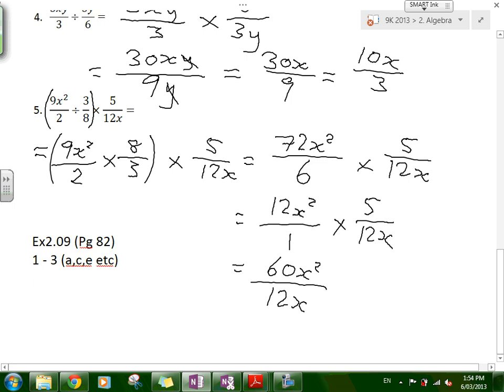Chelsea, what's one of the factors? x. So the x cancels out here and the x squared, so we get rid of 1. Any common factors between 60 and 12? Yeah, 12 is a common factor. So I can cancel 12 from both, and that goes to 1, that goes to 5, so I end up with 5x.